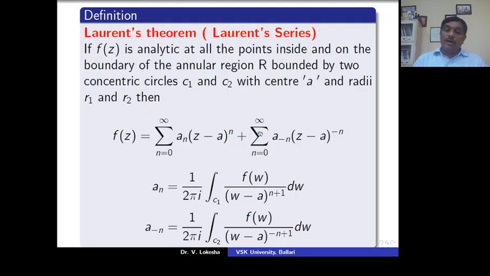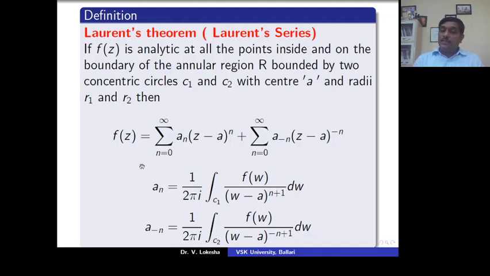Here a_n is a complex constant, that is 1 by 2 pi i into the integral over C1 of f(w) divided by (w minus a) to the power of n plus 1 into dw, and a_(minus n) is equal to 1 by 2 pi i into the integral over C2 of f(w) divided by (w minus a) to the power of minus n plus 1 into dw.